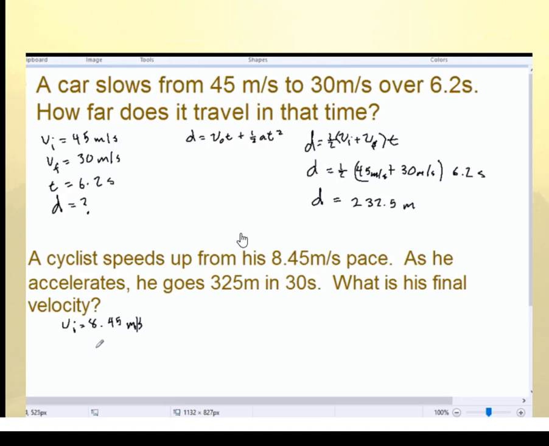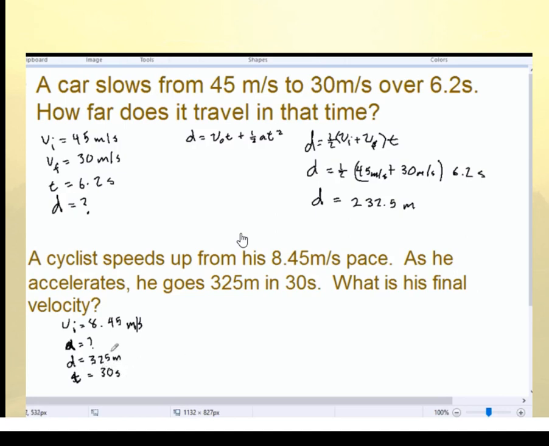And as he accelerates, okay, so he's accelerating, that should be an a. I don't know what that is. He goes from 325 meters, that's d, 325 meters, in 30 seconds. Now, that should be t, not s. t equals 30 seconds.